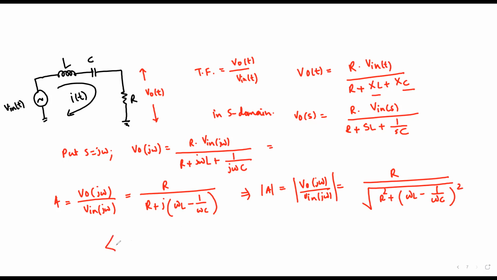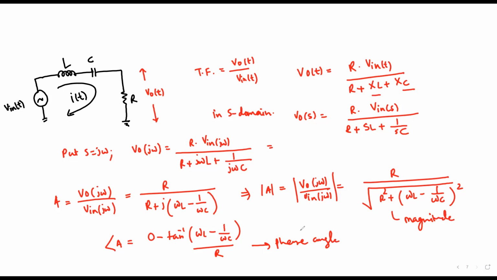And the angle of A would be 0 minus tangent inverse of omega L minus 1 over omega C divided by R. So that's the expression for magnitude. That's the expression for the phase angle.